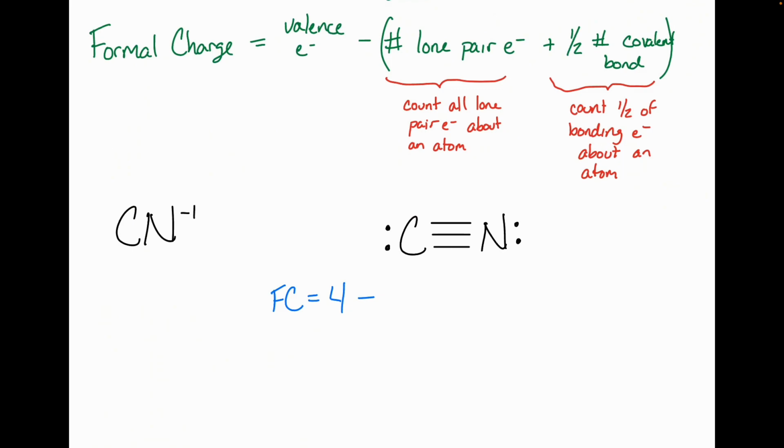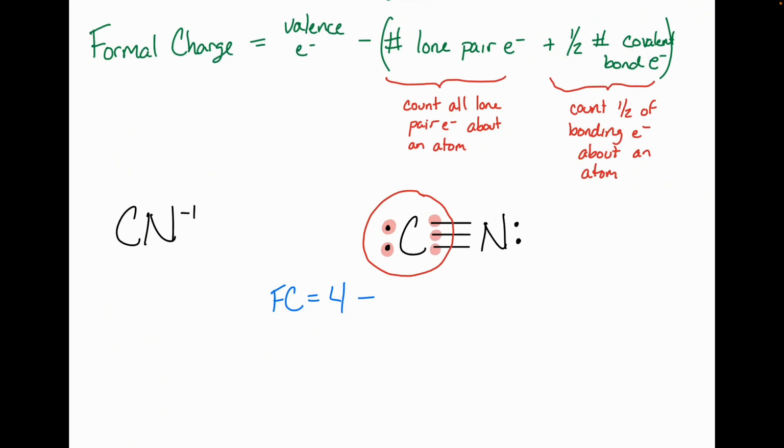Covalent bond electrons. All right, so the way that I visualize this is I'm going to draw a circle around that particular atom, and I'm going to count all the electrons that are in that circle. So I count all of these lone pair electrons, 1, 2, but I'm only going to count half of the electrons in each covalent bond. Each covalent bond is a pair of electrons. I'm only going to count 1, so 3, 4, 5.